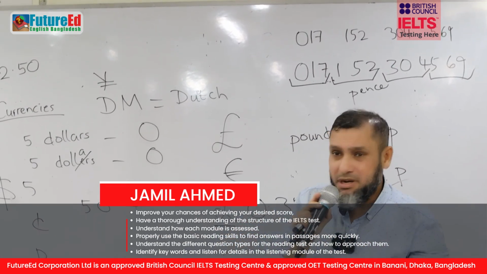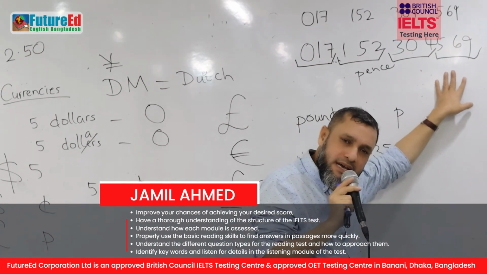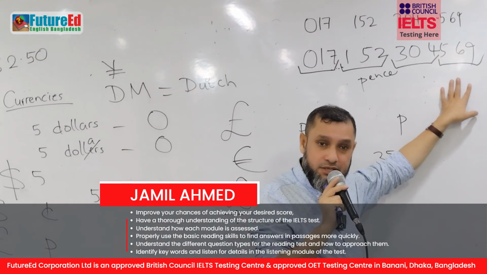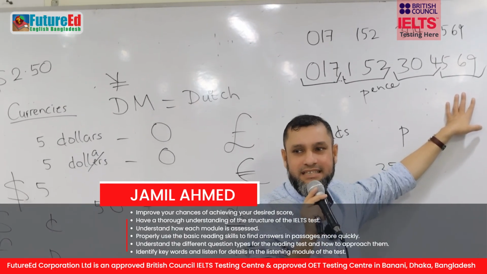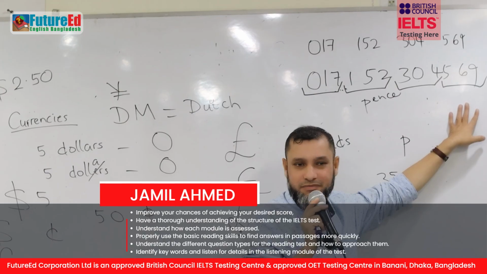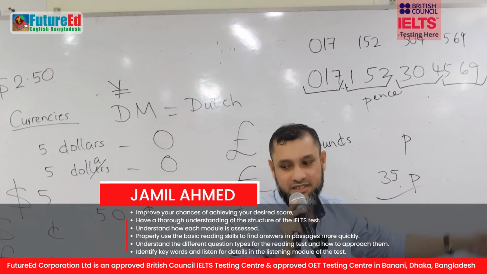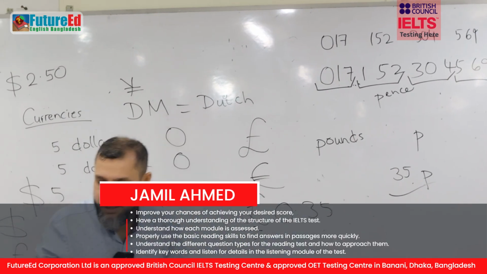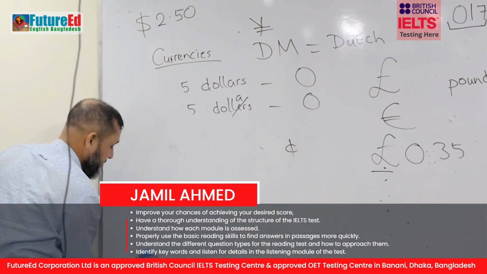But even if you don't leave any space, even if you write like this, certainly you get the score. But in that case, you are likely to make mistakes. Any amount of mistake earns you a score of 0. So that was about numbers, currencies.